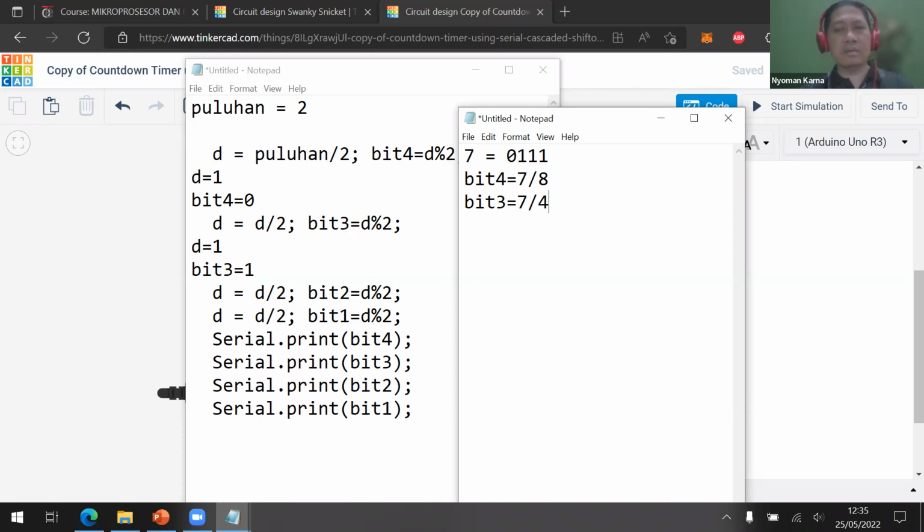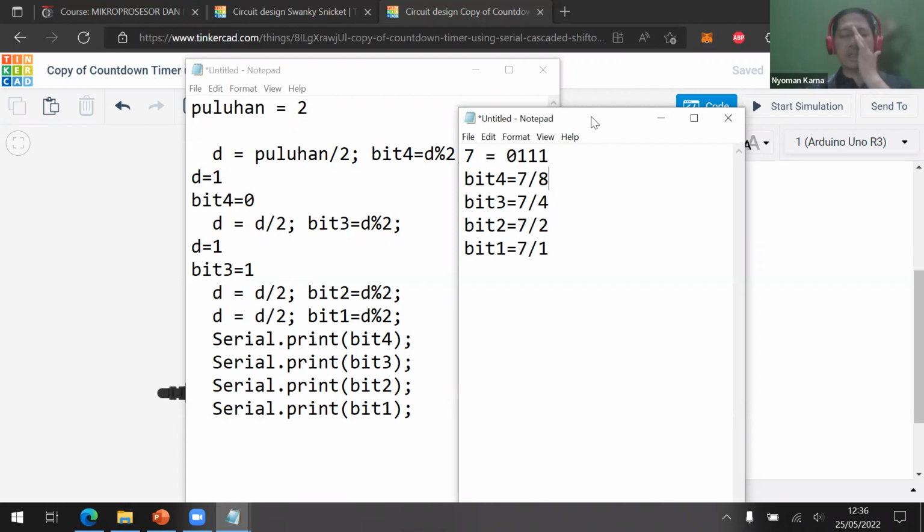No, this one gets 1. Okay. Bit 2, 7 divided by 2, but this one gets 3. And that's not correct. And then bit 1 is, this is not correct.